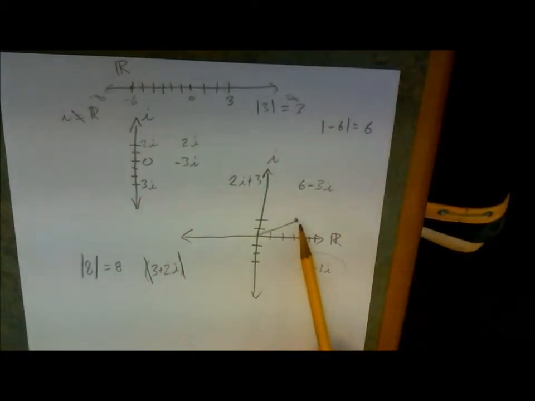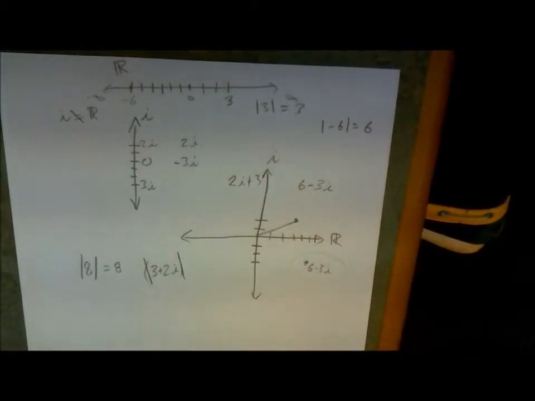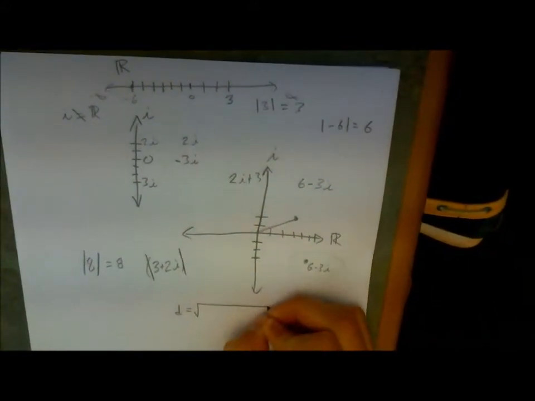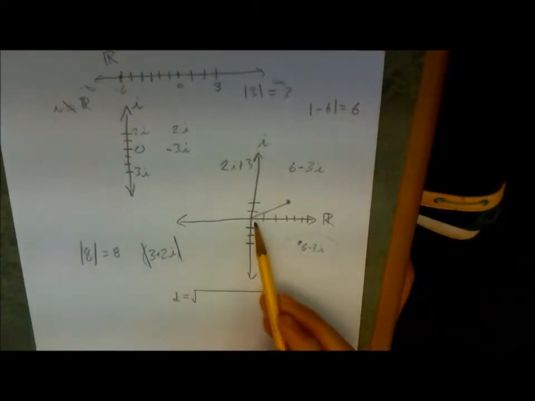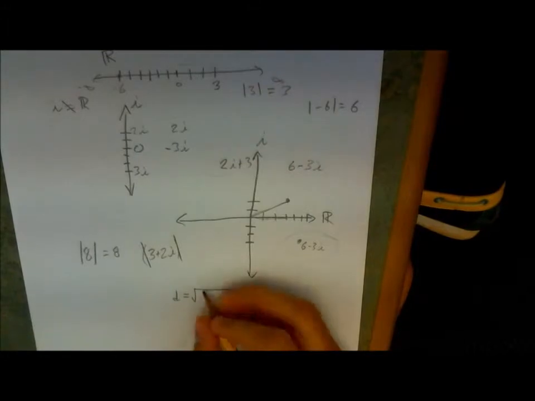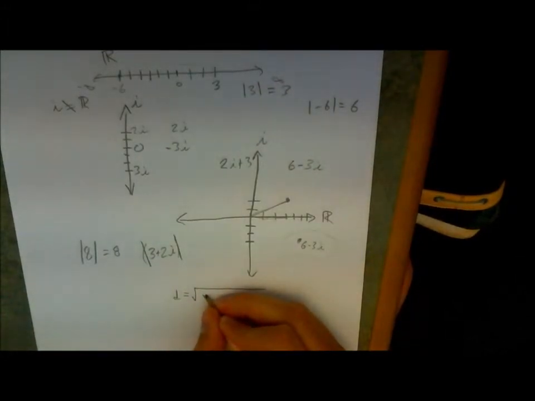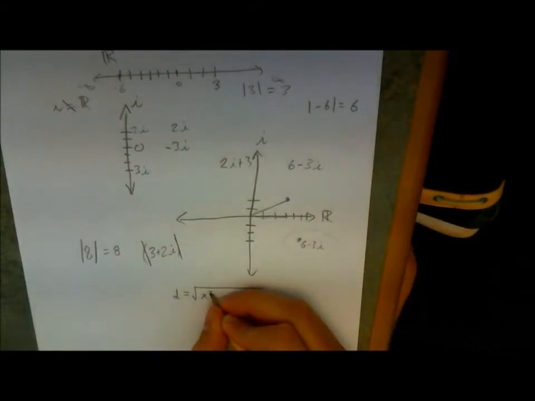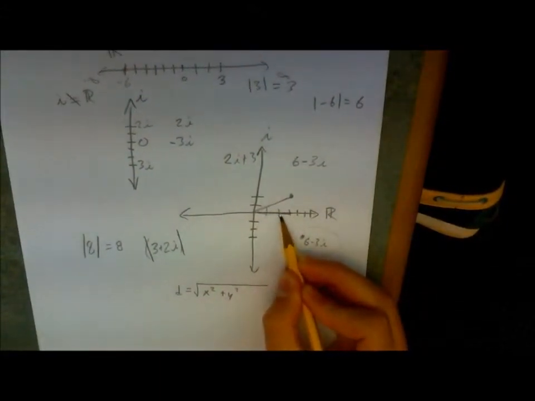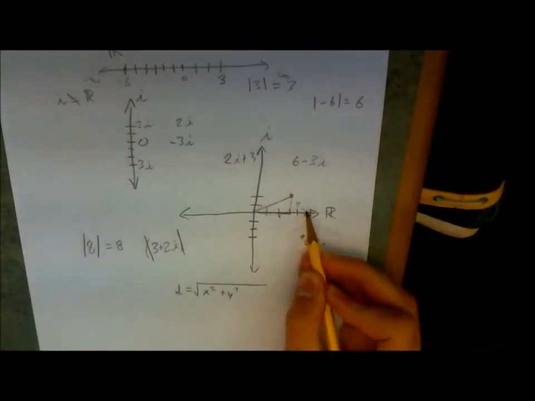What we should use is the distance formula, which is distance equals square root of x squared plus y squared, this being x and this being y.